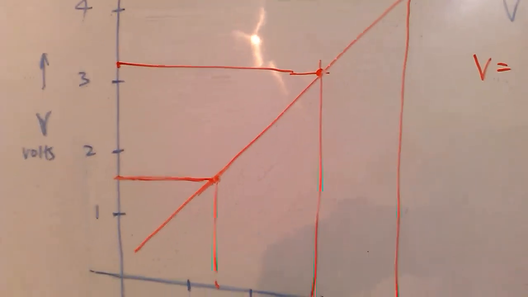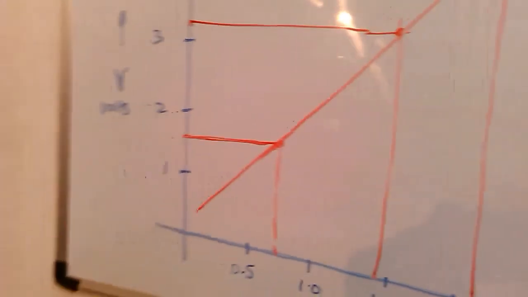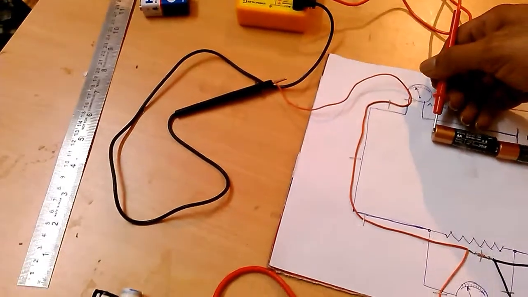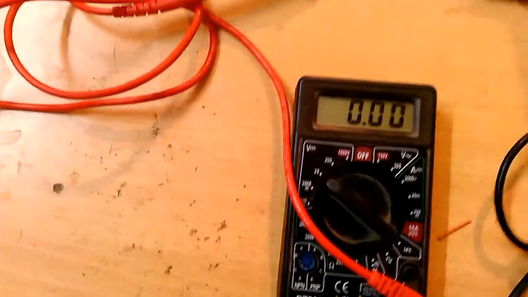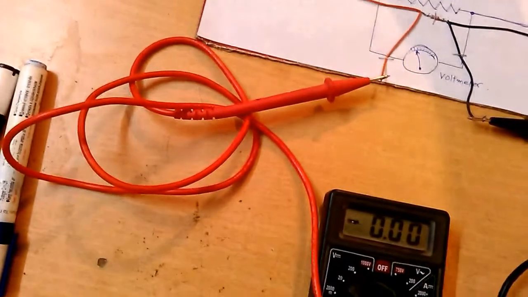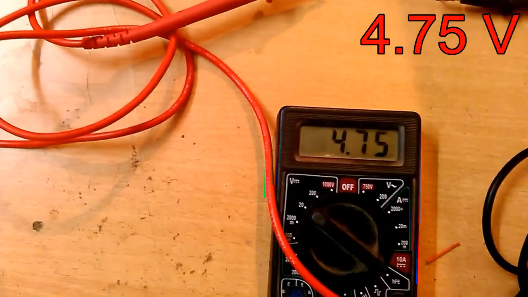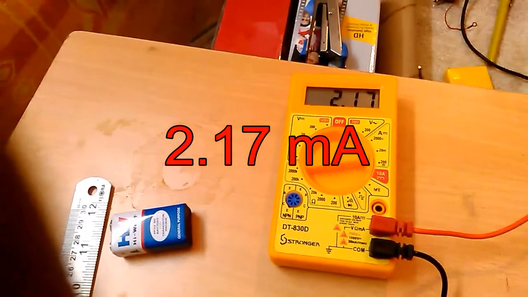Okay, and then I will measure with three batteries now. That means I will have more voltage here, which we will measure. Okay, so with three batteries, it is showing 4.75 volts and 2.17 as the current.